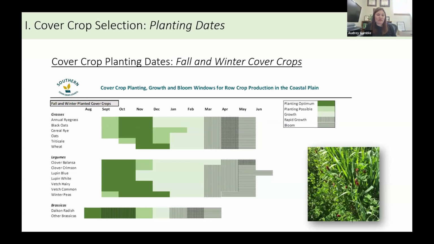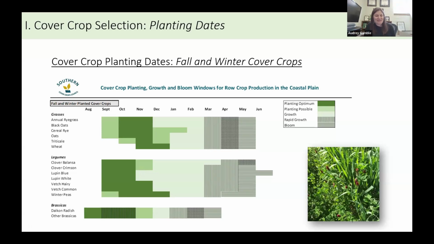When we look at some of our legumes, again, we want to plant those early. For example, crimson clover is a really common one within the Southeast region. So we really want to try to plant that if possible by the end of October, because when we start pushing too late, we have a higher chance the weather may not cooperate with us.